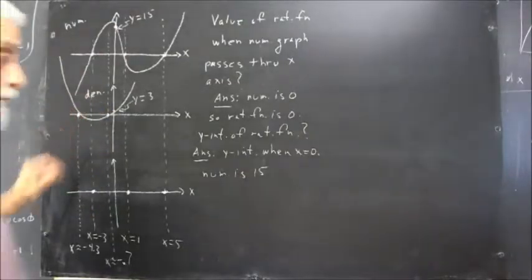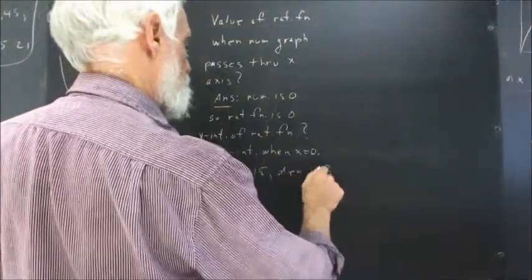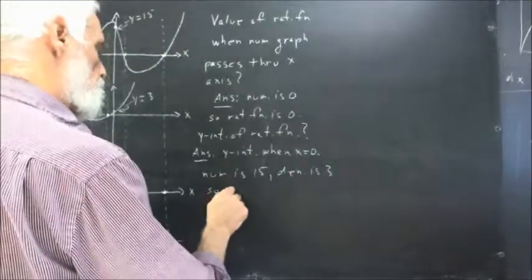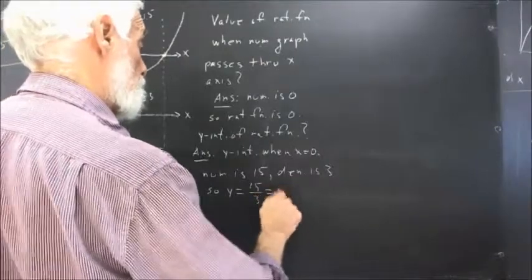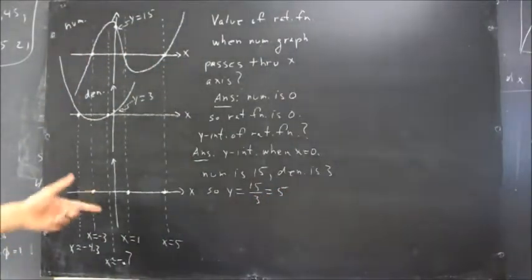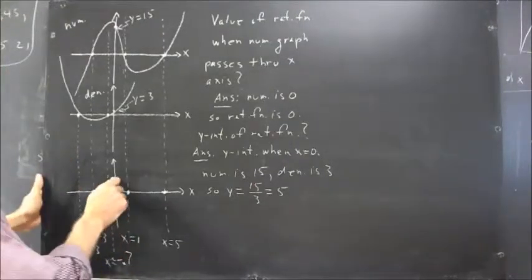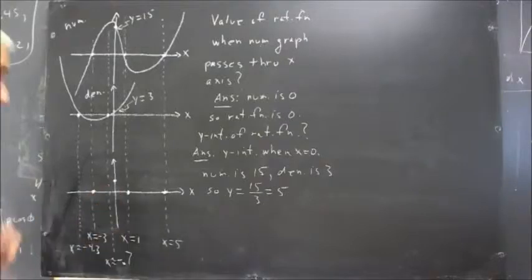The denominator is 3. So y is numerator divided by denominator, 15 divided by 3, or 5. So we can put our y-intercept here. Now, of course, 5 agrees perfectly well with the 5 that we had before. I'm graphing on a little different scale here, so 5 isn't as high as it was in our original graph.